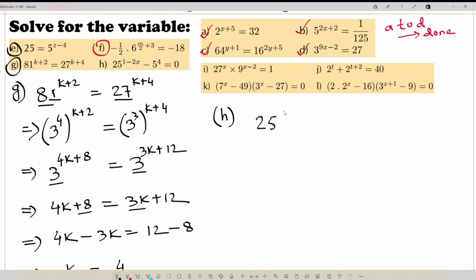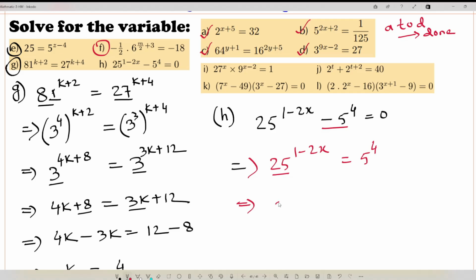25 to the power 1 minus 2x minus 5 to the power 4 equals 0. This one first we can do 25 to the power 1 minus 2x equals this minus 5 to the power 4, we can write plus 5 to the power 4, right?